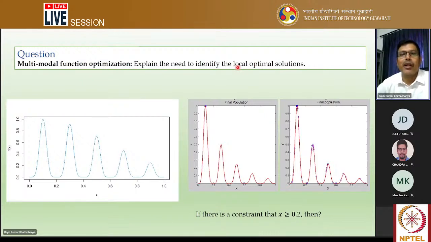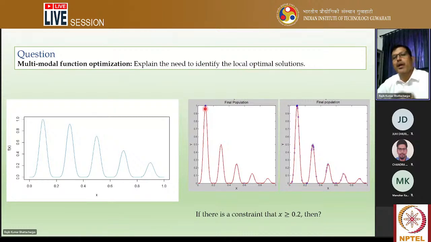Just see, if I would like to solve this problem using a classical optimization method, what will happen? If I take an initial solution somewhere here, I will get this one. If I take it here, I will get this one, and if I take it here, I will get this one. So if you select a wrong initial solution, and you also don't know what the initial solution should be, you may not get the global optimal solution.